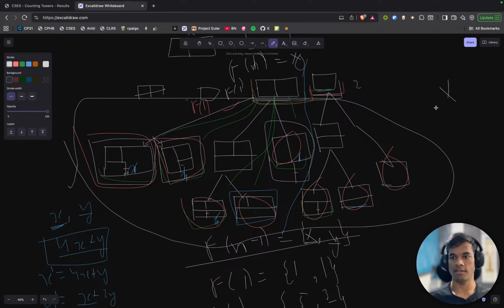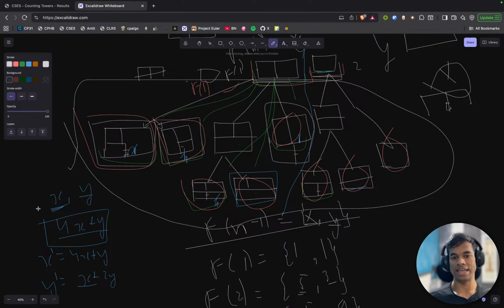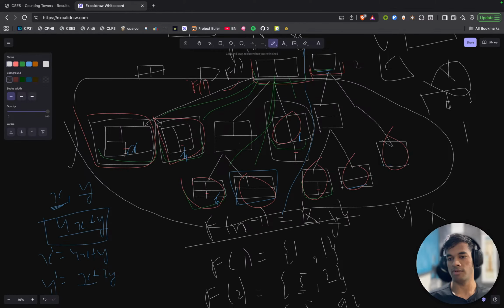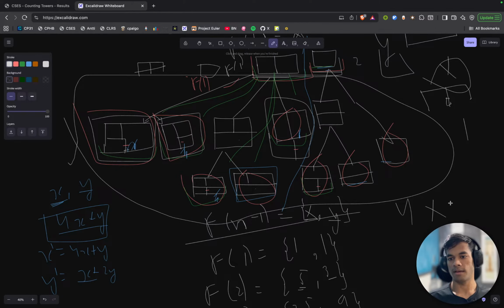If I have x number of possibilities in which there is a vertical line on the last row, and I have y number of possibilities in which I don't have a vertical line, then how many of these x possibilities give rise to new possibilities where there could be a vertical line, and we saw that it is equal to 4x, and each one of these y possibilities where there is no vertical line, we saw that all of them give rise to only one possibility where there is a vertical line on the current line.